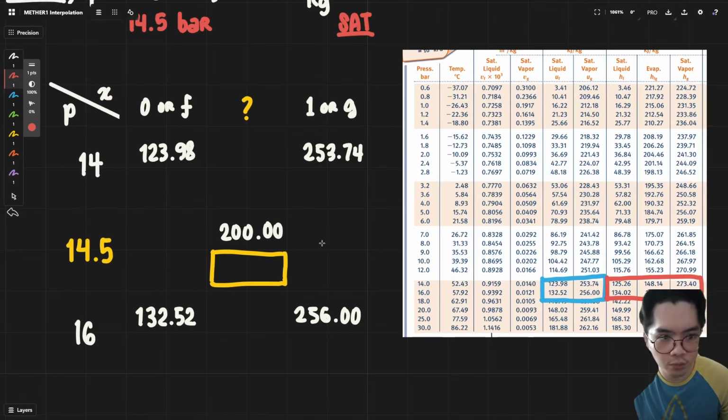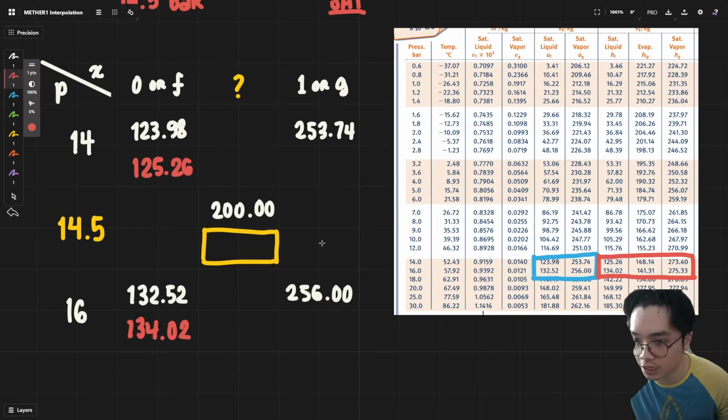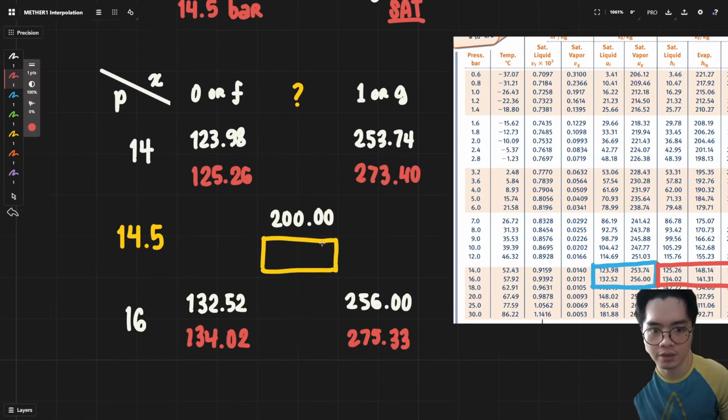HF would be 125.26, and now in here will be 134.02. In this case, the HG, let's not mind this is HFG, this is 273.4, and then this is 275.33.